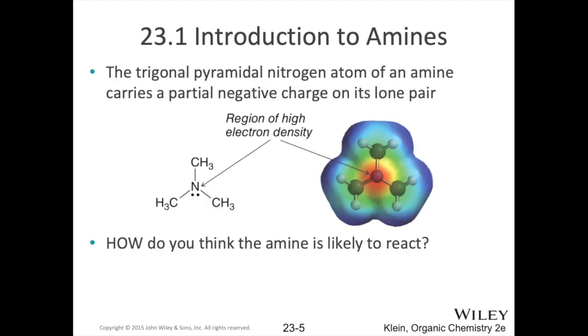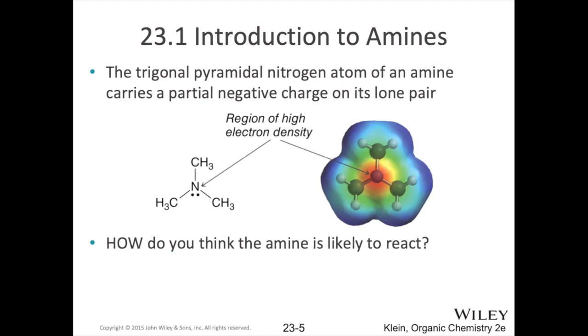All right, so the nitrogen on our amines, of course, is going to be trigonal pyramidal, right? To meet the octet rule, we've got a lone pair on that nitrogen. Keep in mind that nitrogen also is relatively electronegative, not as much as oxygen, but more than carbon, obviously.